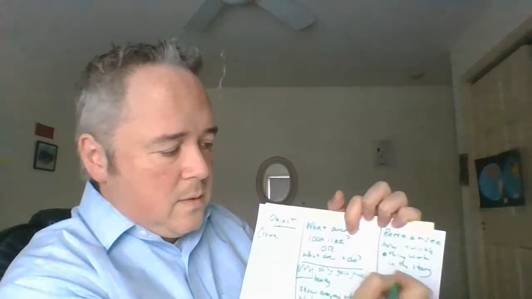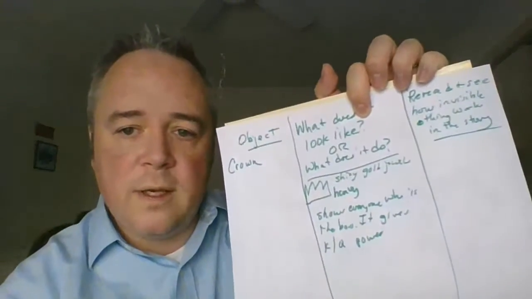So what I'm going to do is reread some of the parts where I see the crown, and I'm going to try and think about power. Okay, I'm substituting the crown with power.